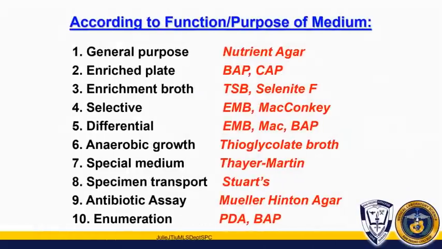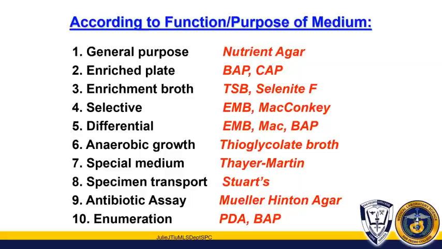We have many culture media classified according to purpose. A general purpose medium, like the very popular nutrient agar, can grow almost all kinds of bacteria. If bacteria require blood or any blood components for growth, the medium supplemented with such is called an enriched culture medium.